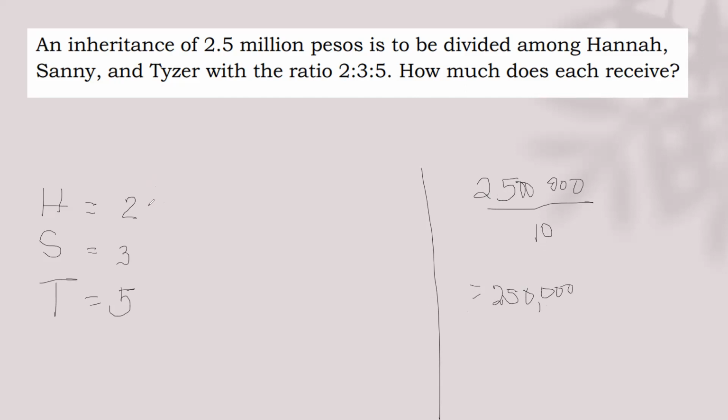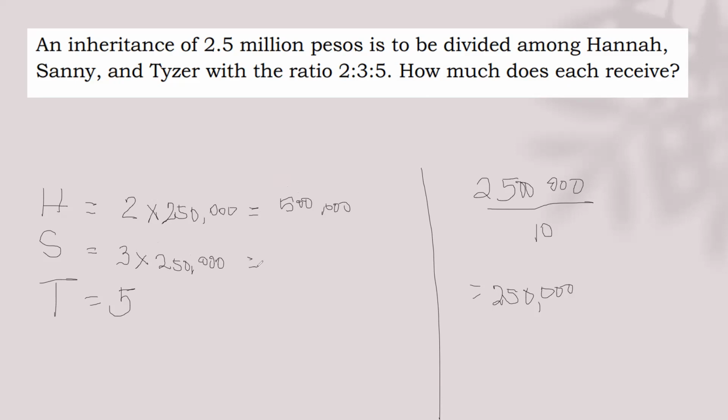So kay Hannah, so that's 250,000. Magkano ang makukuha ni Hannah? Two times 250,000. 500,000 po. Correct, it's 500,000. While ito namang si Sanny na may 3 kabahagi, so that's 3 times 250,000.